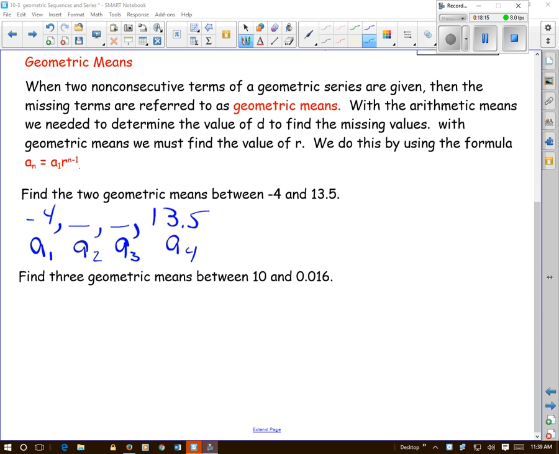So we need to find r here. So plugging into our formula an, we know a4 is going to be 13.5 equals a1, -4, times r, which is what we want to find, to the n minus 1, so to the third power.